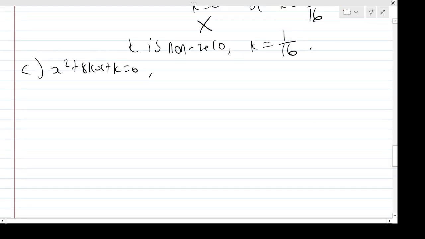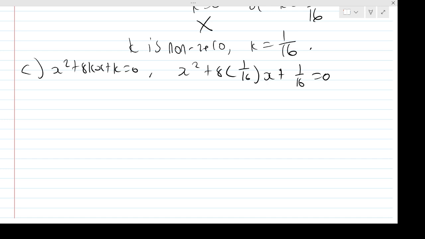So therefore, x squared plus 8 over 16th x plus 1 over 16th equals 0. If I then deal with this bracket, expand it, I have x squared plus 8 over 16, which would be half, x plus 1 over 16 equals 0.